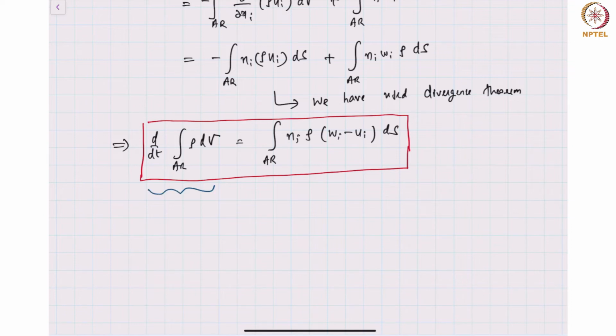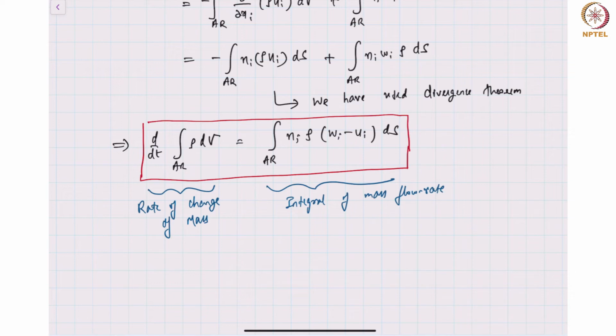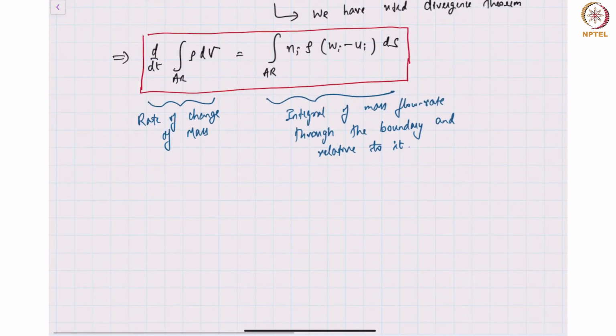The left hand side here is the rate of change of mass, and this quantity gives us the integral mass flow rate through the boundary relative to it. Okay, so I could have a boundary. Let's consider a case where I have a boundary.